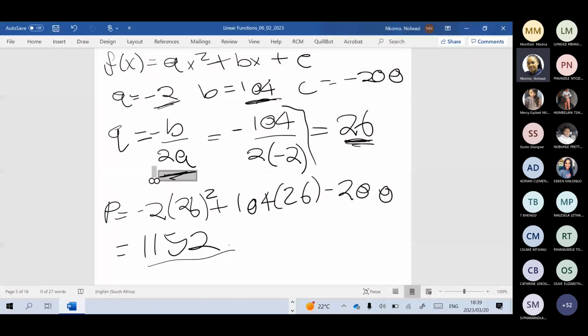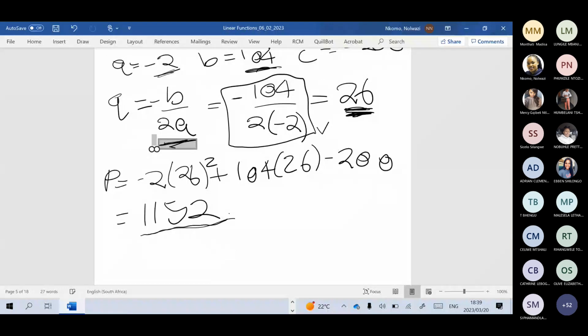The next step is to take your Q, which is 26, and substitute it back into your profit function, which is minus 2Q squared plus 104Q minus 200, right? Yes, ma'am. If you do that, this is what you'll obtain, 1,152. Okay, thank you.